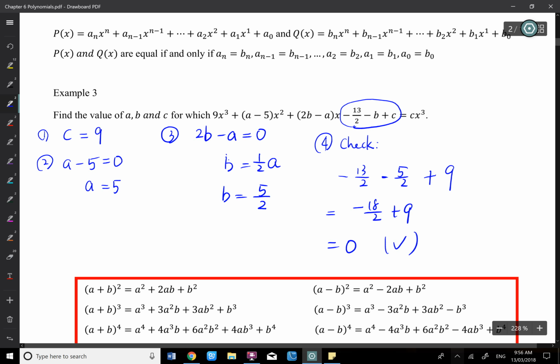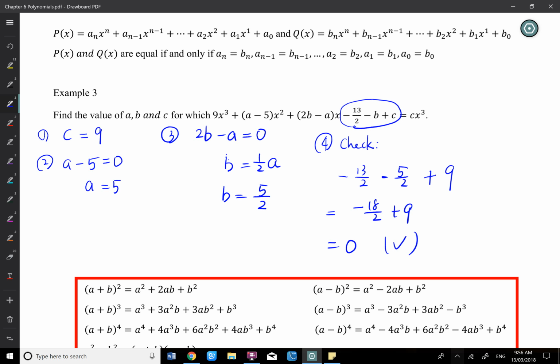Because I have 0 constant at the right hand side as well, I can't have any other value here.